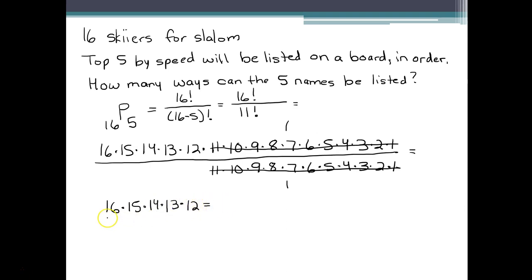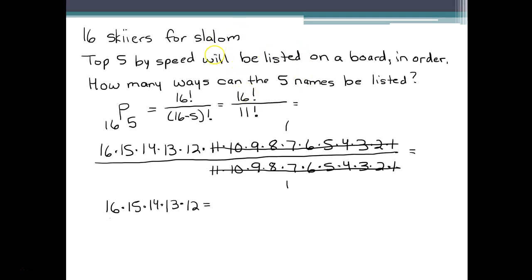Which, if you're doing the counting principle, you would have had first place, 16 possible contenders. Second place would have had 15, third place 14, fourth place 13, fifth place 12. So you multiply that together, 16 times 15 times 14 times 13 times 12, and you get 524,160.